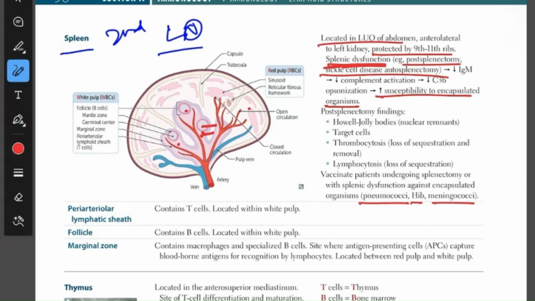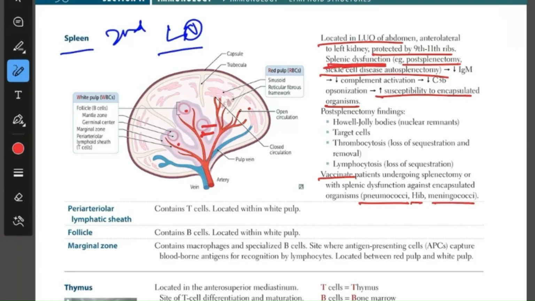So those are the three encapsulated bacteria that post-splenectomy patients are susceptible to. So you need to vaccinate them against those pathogens.